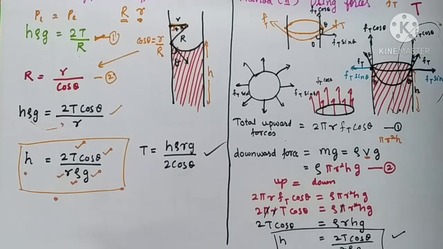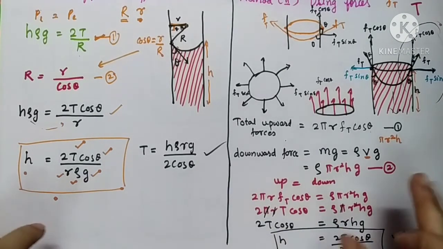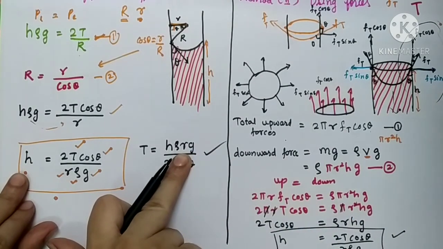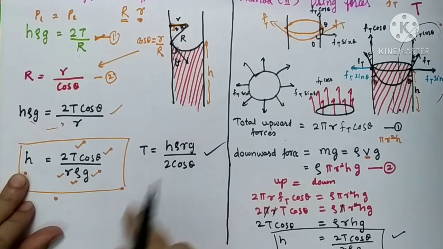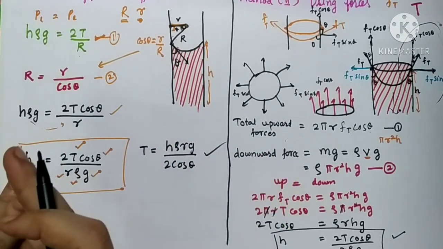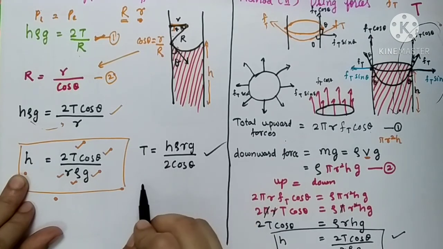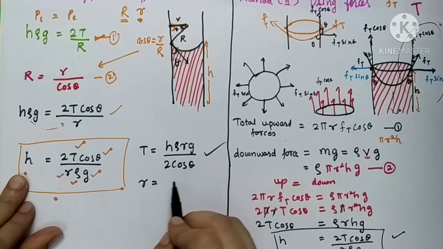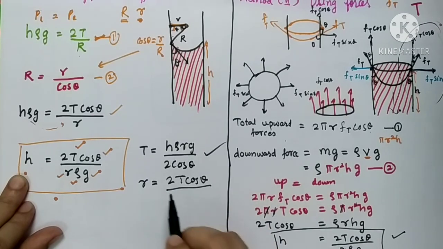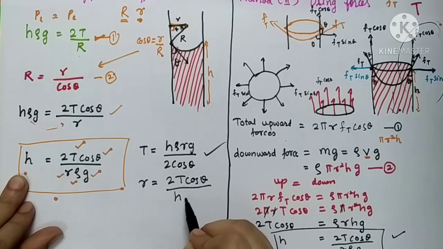Similarly, you can derive one more formula from this equation. Can you write down the formula for r, the radius of a capillary tube? We can write it by keeping r as it is and taking all the quantities to the left hand side. We will be getting r as 2T cos theta upon h rho g.